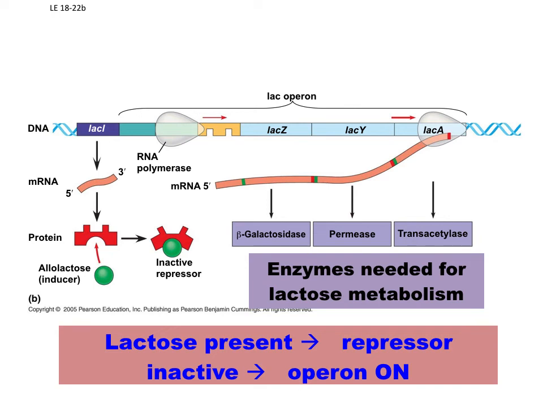Those genes code for a series of enzymes that break down lactose. So you only need to break lactose down if lactose is present. And if lactose is present, it deactivates the repressor protein so that you can make the enzymes to break it down. So the presence of lactose, which acts as a regulatory metabolite, induces this operon or turns it on.